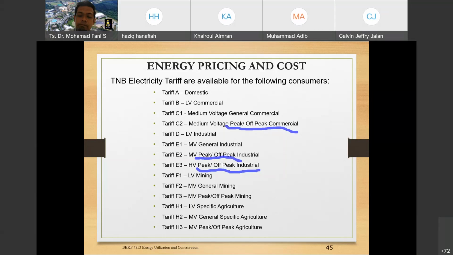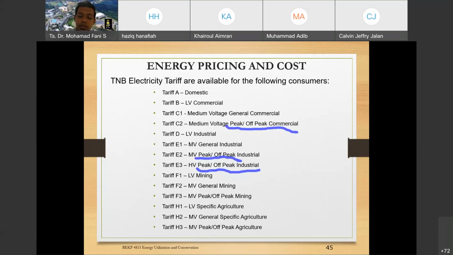So this price signal, especially for the TOU, and later on I will explain about the ETOU, enhanced time of use tariff, helps the consumer to enjoy what we call cost minimization, and during this kind of offer, TMB will have the benefit when the consumer is able to do load shifting.